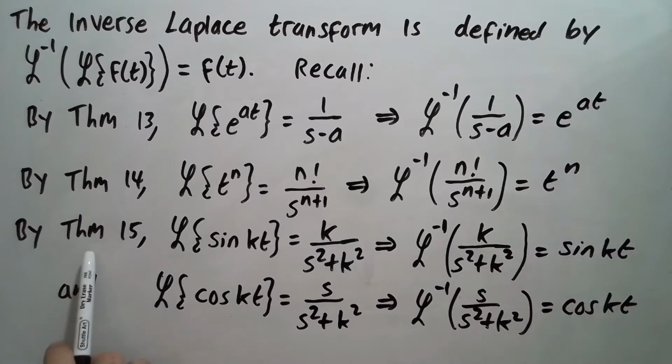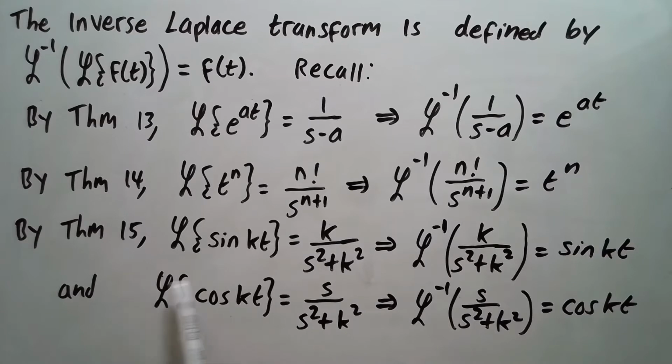And by Theorem 15, we have the Laplace transform of sine kt equals k over s squared plus k squared. So taking Laplace inverse on both sides, we'll have sine kt equals Laplace inverse of k over s squared plus k squared. And lastly, in Theorem 15 we also show the Laplace of cosine of kt is s over s squared plus k squared.